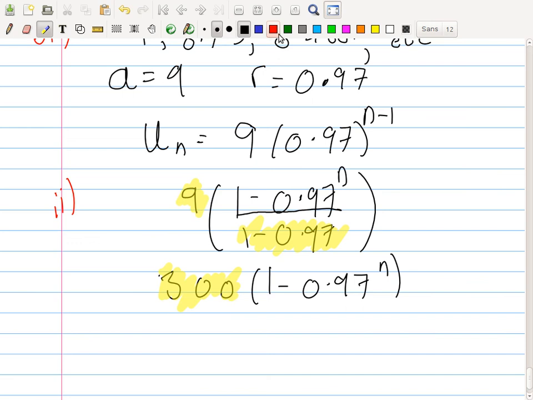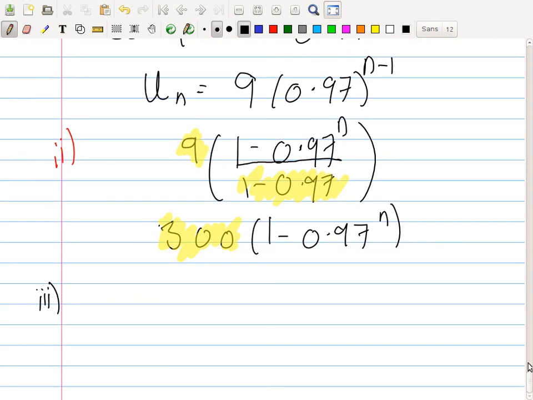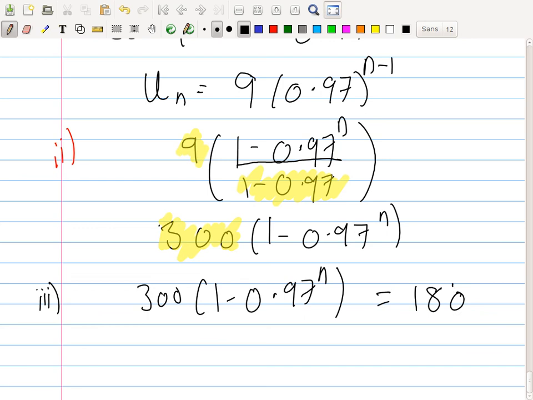Part 3 now, last part. He wants to know how many he has planted after 3 hours. So in other words, 300 times this should equal 3 hours. How many minutes in 3 hours? 180. Cancel the 0. So I get 1 minus 0.97 to the n equals 18 over 30, which is 9 over 15, which is 3 over 5. Steven? Yes. You don't want it by seconds?